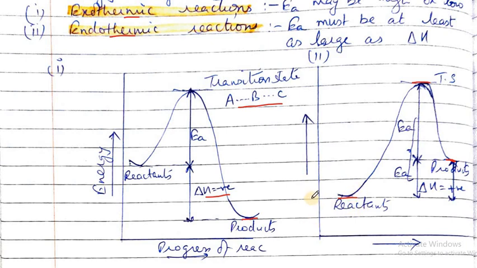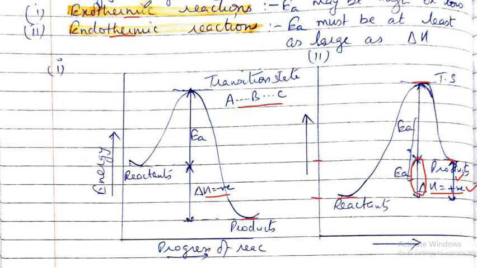This is the energy of reactants, and this is the level of energy of products. So the energy of reactants is less and the energy of products is more, that is, the products have absorbed the energy. So this amount of energy is absorbed by the products. So this shows delta H is positive, and in endothermic reactions, energy is absorbed and delta H is positive.